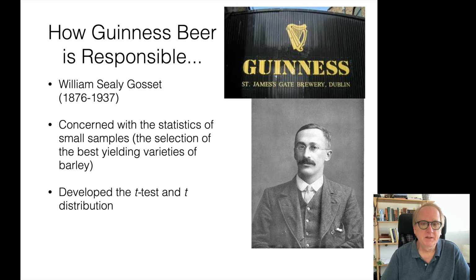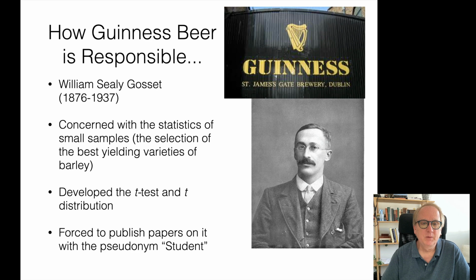The unfortunate thing for him, though, is that he wasn't really free to share who he was with the academic community. I think this is partly because Guinness wanted to keep his identity secret. They didn't want to have any nasty academics out there. So he ended up publishing papers on his new statistical technique in mathematics journals under the pseudonym Student.